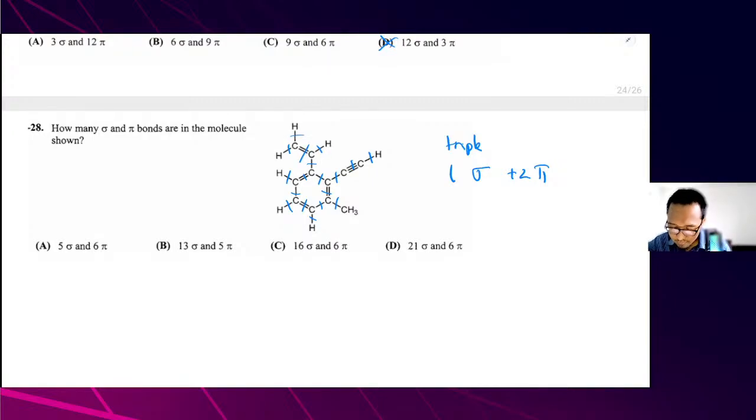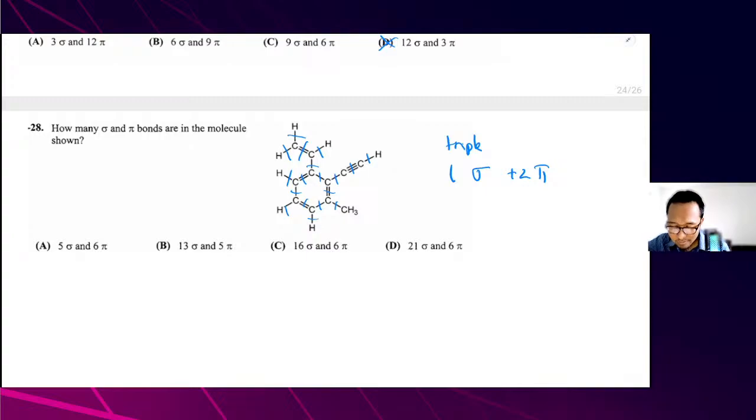Let's count it again. 1 through 16, 18, 19.